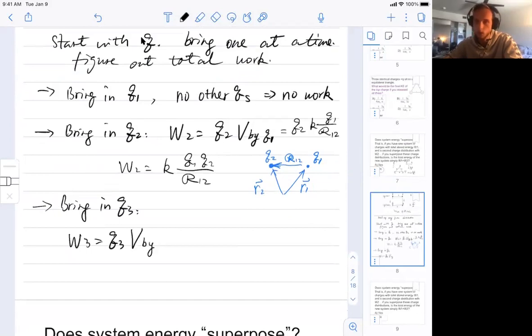So the potential has to be by what charge or charges? So W3 is Q3 times V by, is it by 1 or by 2? Or both? What do you think?